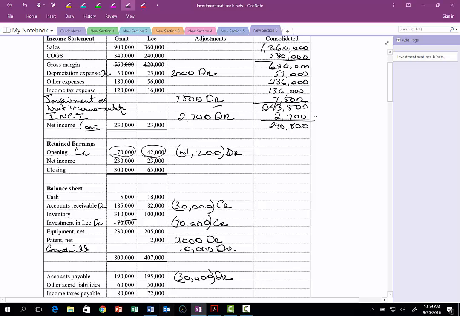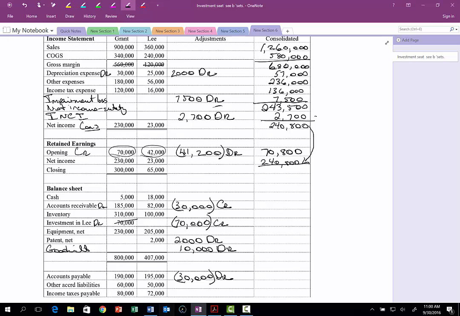All right, now remember this $240,800 has to go here in my statement of retained earnings. Oops, except on the line below. So my opening retained earnings, 70 plus 42 minus the 41.2 should give us 70,800, okay, which is the amount we figured out to be consolidated opening retained earnings. We have no dividends, so it's just the 70,800 plus the 240,800.